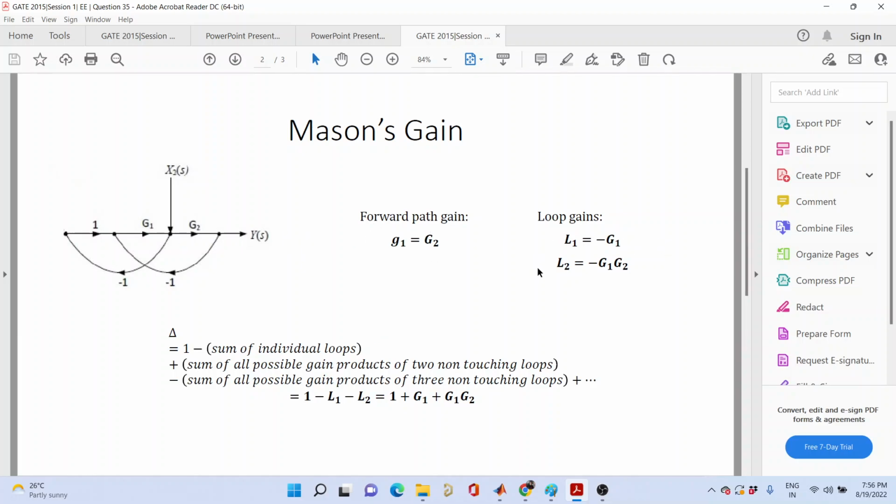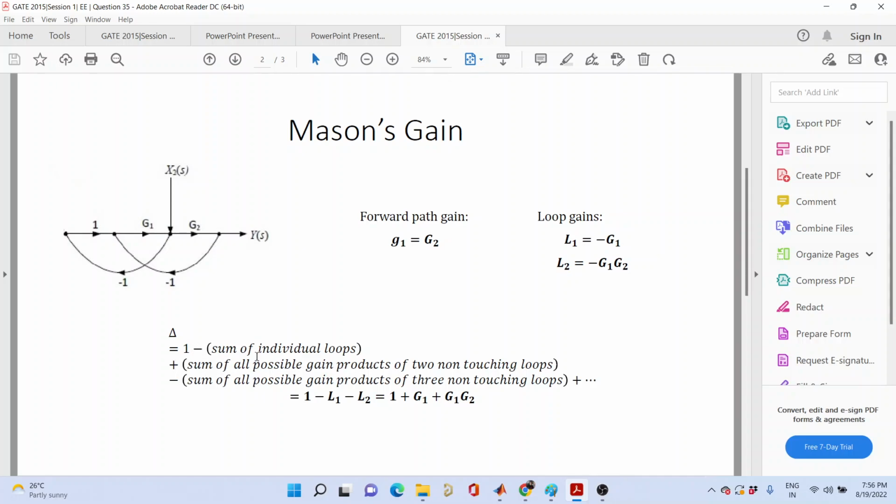Now we have listed out the loops, the loop gain, that is G1, G2 into minus 1. So minus of G1 G2, and the loop 1, that is minus of G. Then we define a term delta, which is equal to 1 minus sum of individual loop gains, and then plus sum of the rest, but all those terms will go to 0.